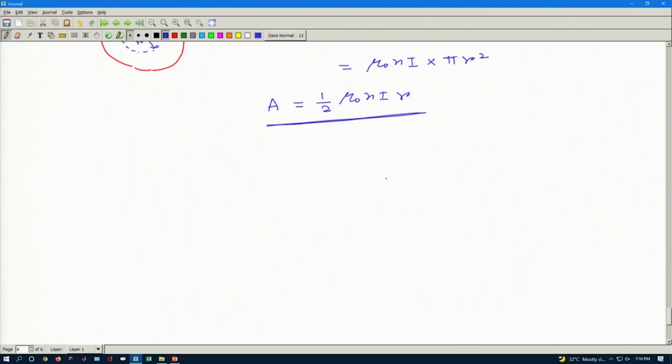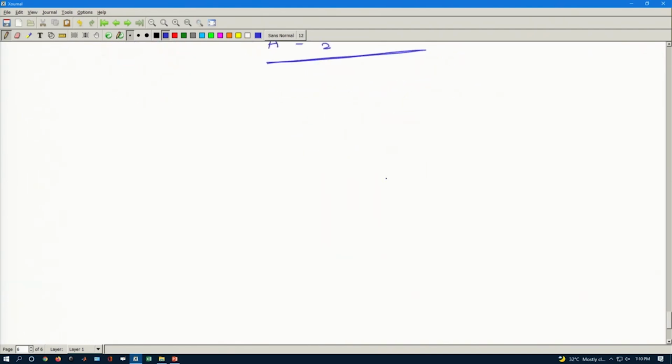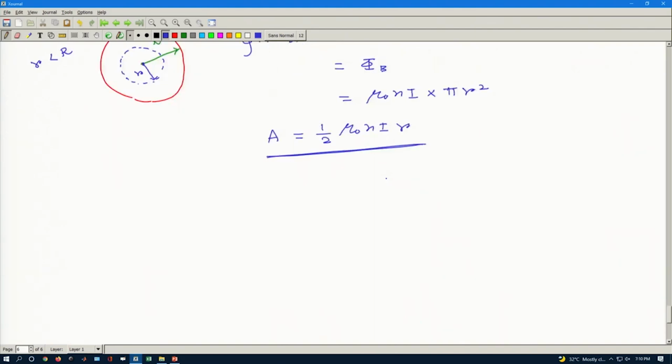What about the outside case? Again, let us draw the cross section of the solenoid. This is the cross section of the solenoid, and from here to here we have R, and again we have a circular path where we have the value of A, and that now is my r.